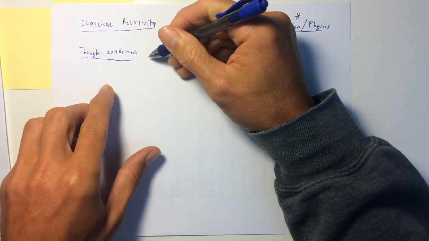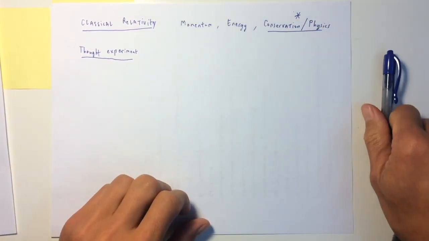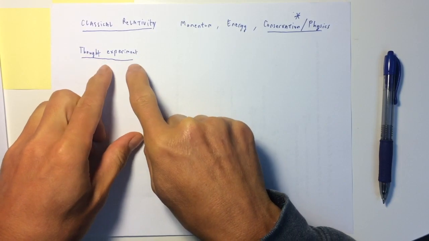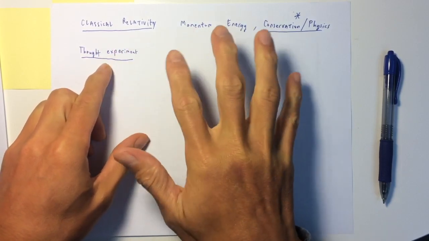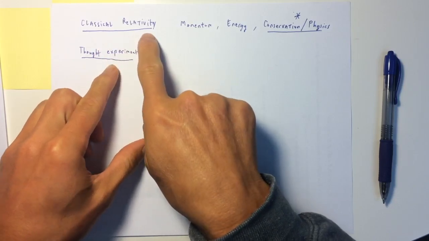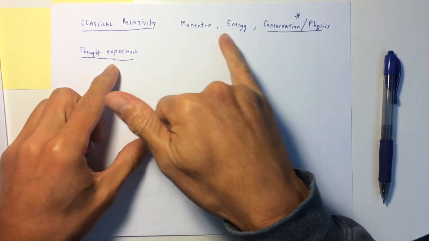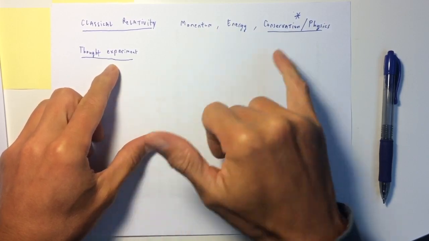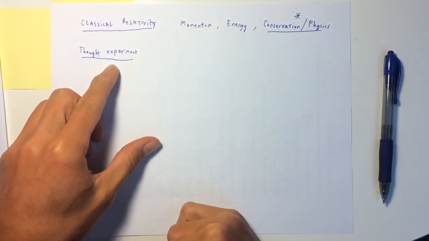When you do thought experiments, there are going to be certain unrealistic problems set up, but that's not the point. In our case, we're trying to exercise what classical relativity does to problems where you are thinking about energy, momentum, and the conservation of energy and momentum.